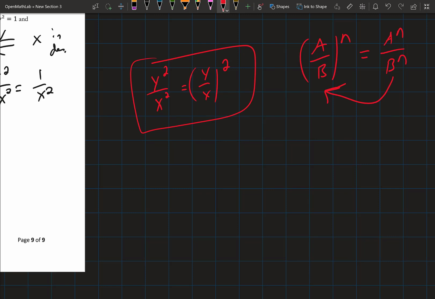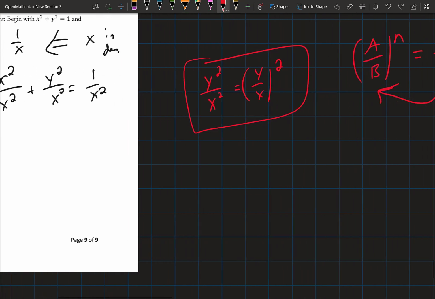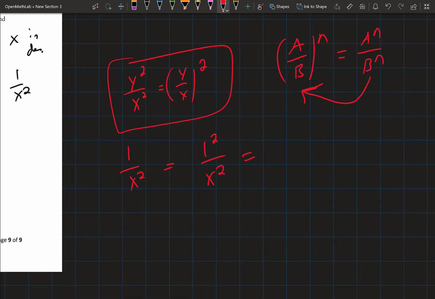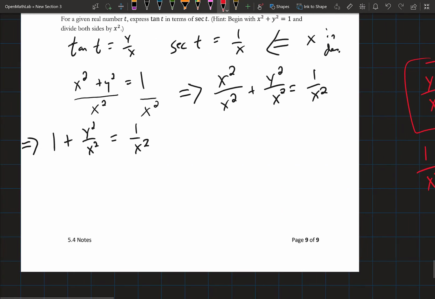Since we have the same exponent on different bases, we can rewrite it in that fashion. And also dealing with 1 over x squared, I can think about this as 1 squared over x squared. So using the same idea, this would be 1 over x quantity squared. So we can substitute those values in, and what we get is 1 plus y over x quantity squared equals 1 over x quantity squared.